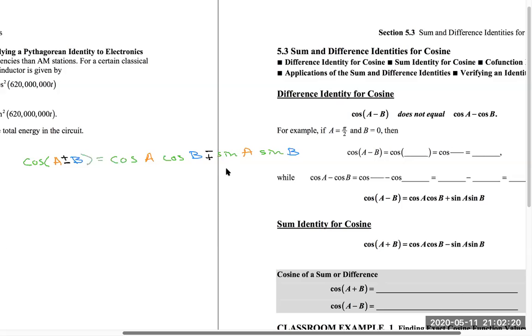What that tells you is if you read the top, cosine A plus B, you're going to use cosine A, cosine B minus sine A, sine B. If you use the bottom, cosine A minus B, you're going to use cosine A, cosine B plus sine A, sine B. So this combines the sum and difference identities for cosine.